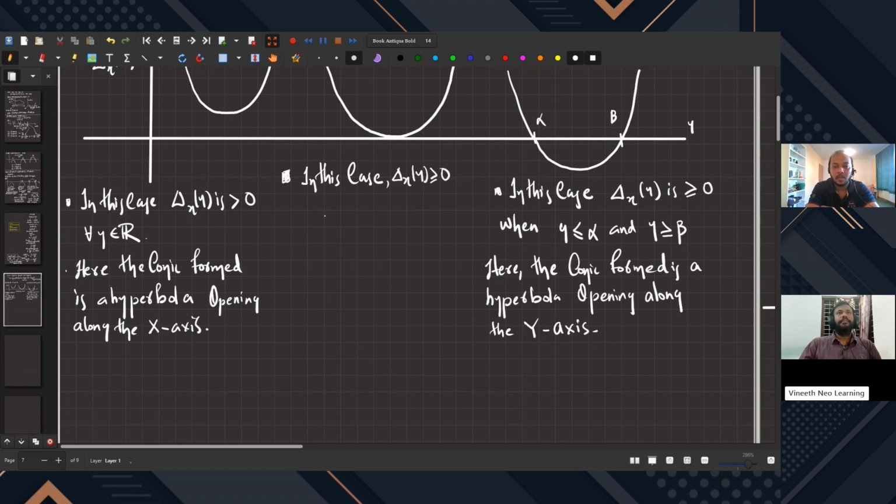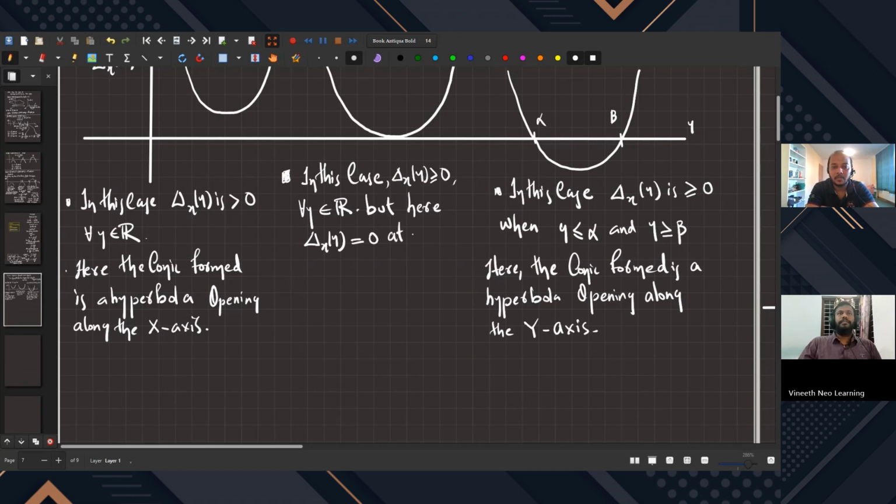Exactly. In this case, delta x of y is greater than 0 for all real numbers y, but here delta x of y becomes 0 at a particular point, where delta x of y equals 0.